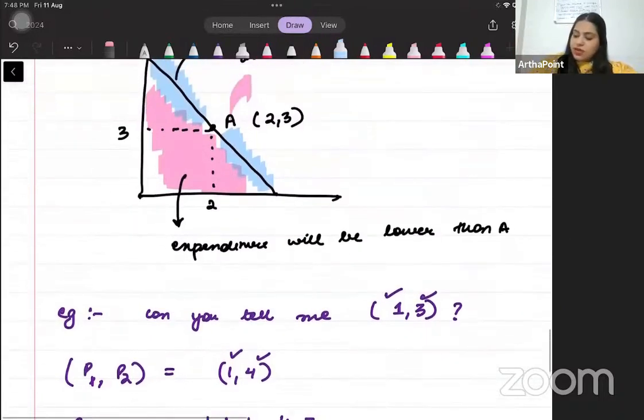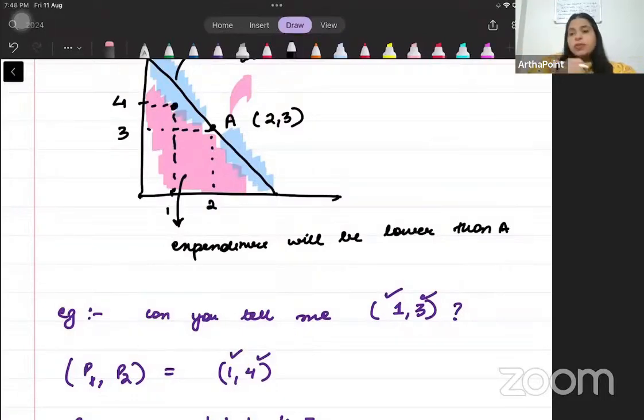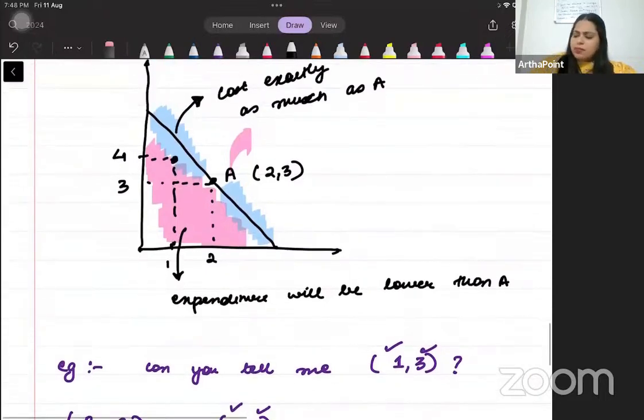So it will be somewhere here, maybe yahan kahin hoga. If this is 1 and this is 4, it should be somewhere here. It is below the budget line. And it is given to me that A is the most preferred bundle. Matlab maybe my IC is tangent to the budget line here. This is the best bundle.